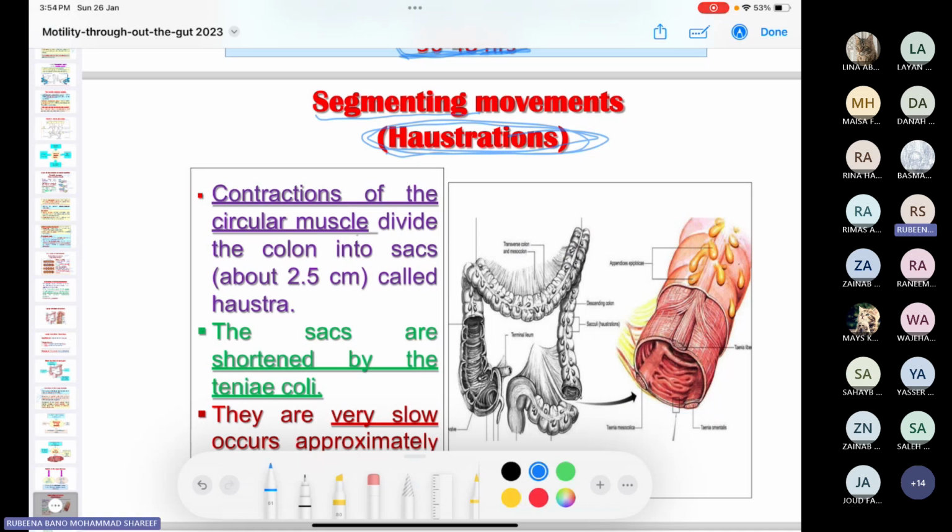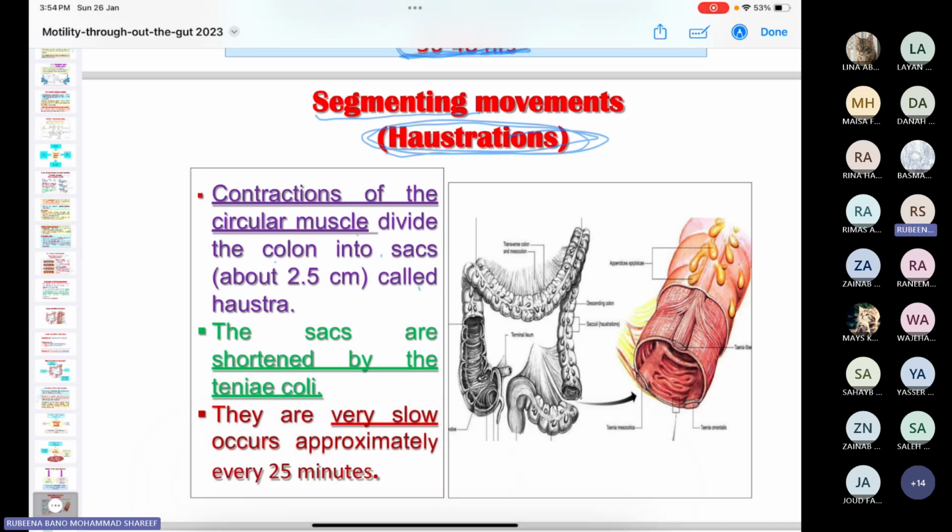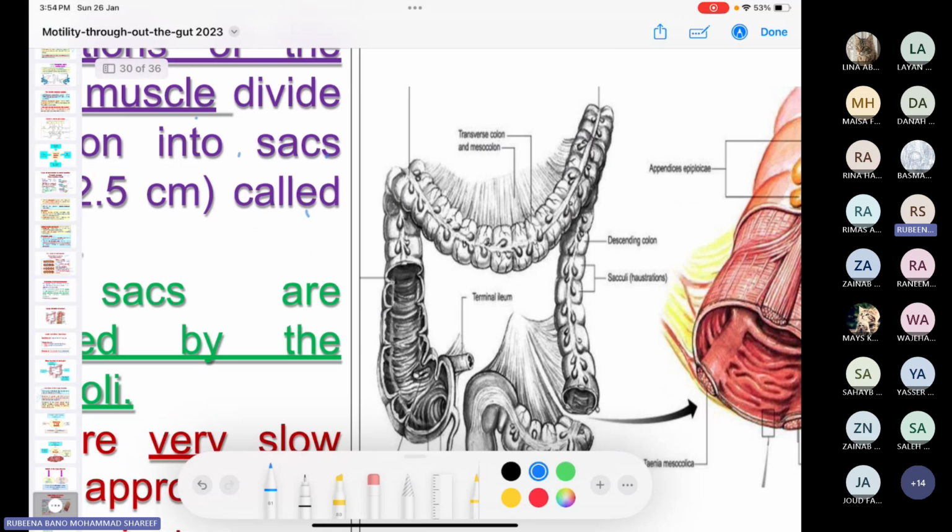Contractions of the circular muscles divide the colon into sacs called the haustra. You can see these are the haustrations, and this is because of the contraction of the circular muscle. They form sac-like structures, which are called haustrations.